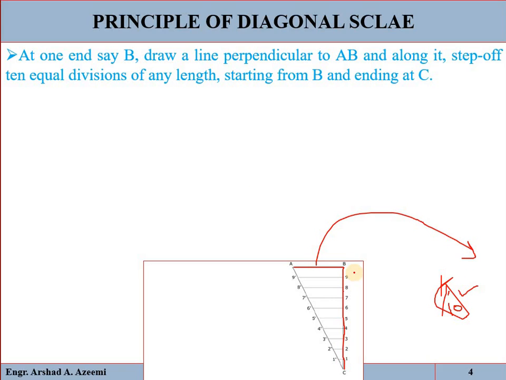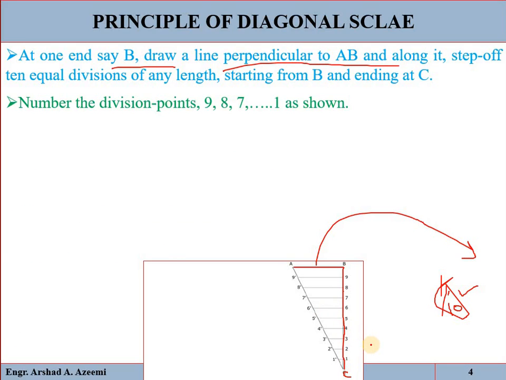The procedure is to draw a line perpendicular to AB at one end, of any distance. Suppose that is point C. Now take a divider and, of any length, divide this BC line into 10 equal parts.